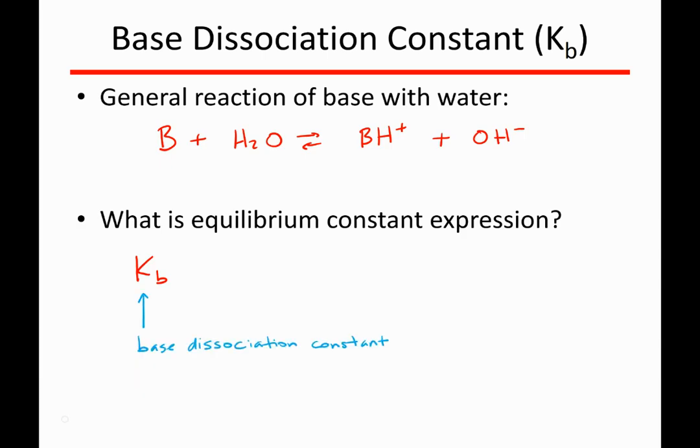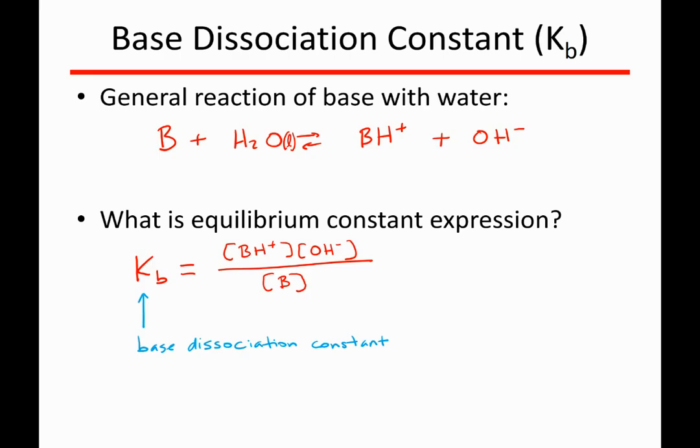And the expression for Kb in this general equation would be our product, BH plus, times the other product, hydroxide, over the reactant B. H2O, remember, is our solvent in this solution. H2O is a liquid, so it does not get included in the Kb expression. And so that's our full expression for Kb.